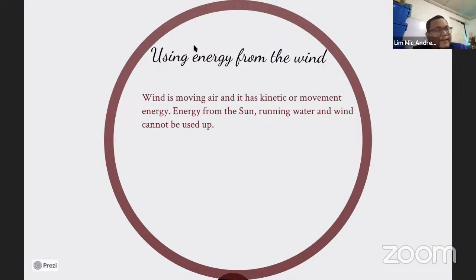And through this turning, it generates electricity. So note that water and wind have the same equipment to make energy, which is called a turbine.